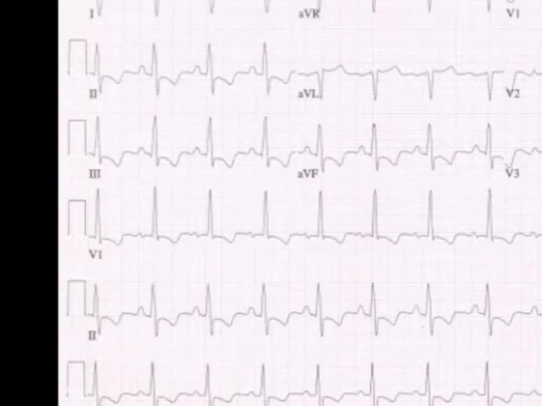You can have a normal axis also. Very often the axis in Ebstein's is only up to 90 degrees, and does not go to 110. TAPVC, that's all RVH. So there are only two conditions. One is RVH, with many situations such as emphysema. Second is when there is a left posterior fascicular block.